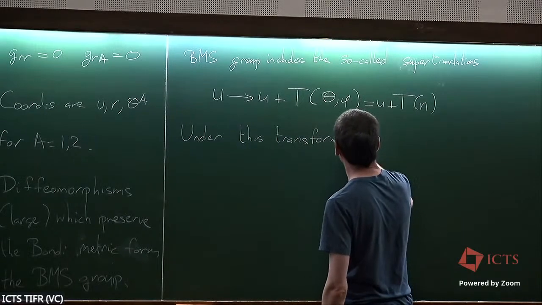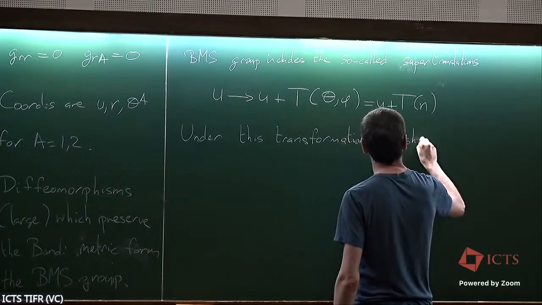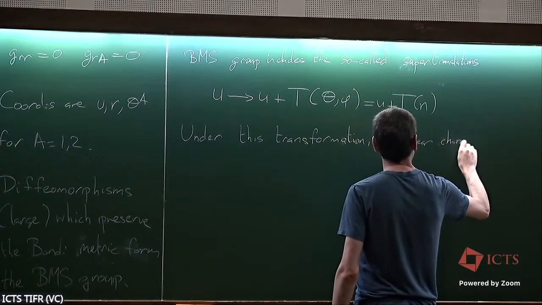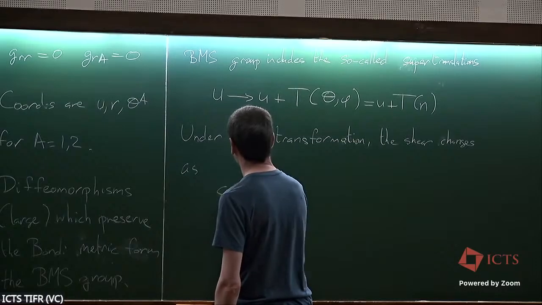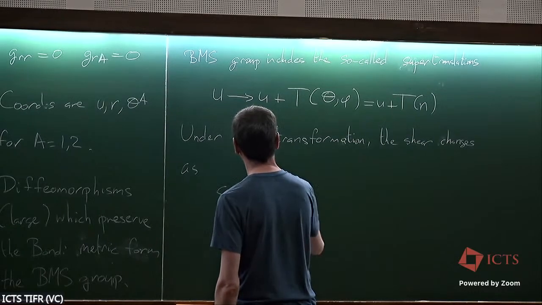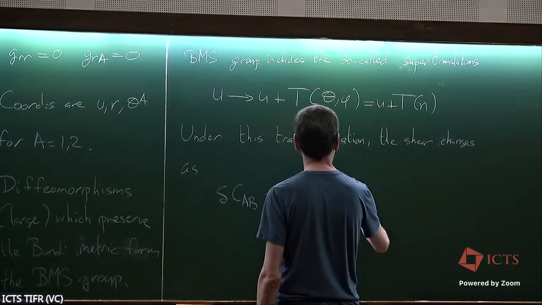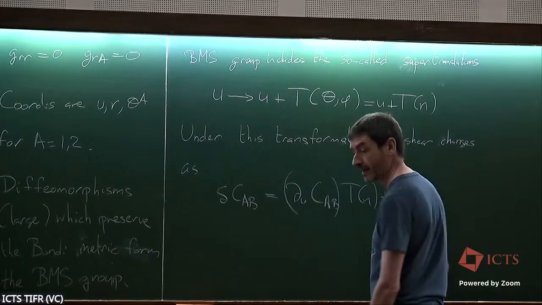This transformation. So the shear picks up a transformation. Shear transforms as delta C_AB is, so there's a u derivative on C_AB times t of n, plus another term.